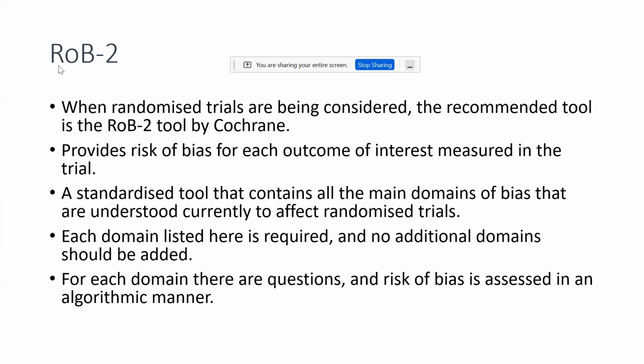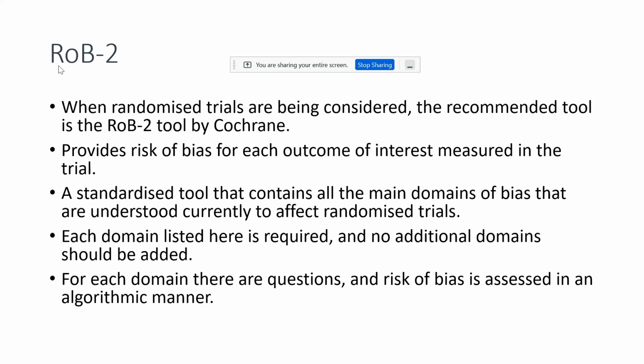So now we will talk a little more about specifically the RoB2 tool. When randomized trials are being considered, the recommended tool is the RoB2 tool by Cochrane. The RoB2 tool is used for the risk of bias assessment for each outcome of interest.